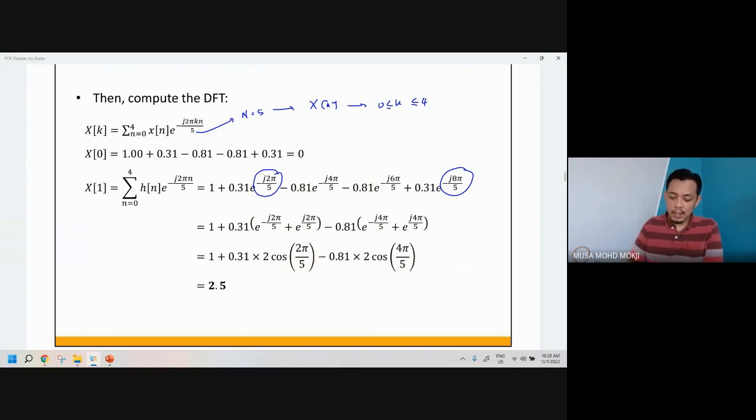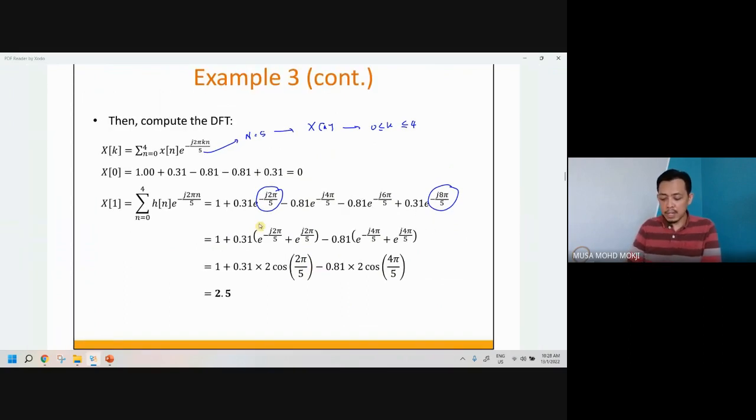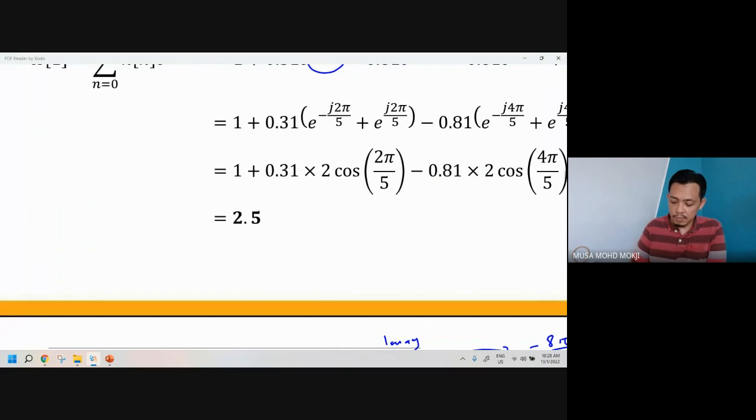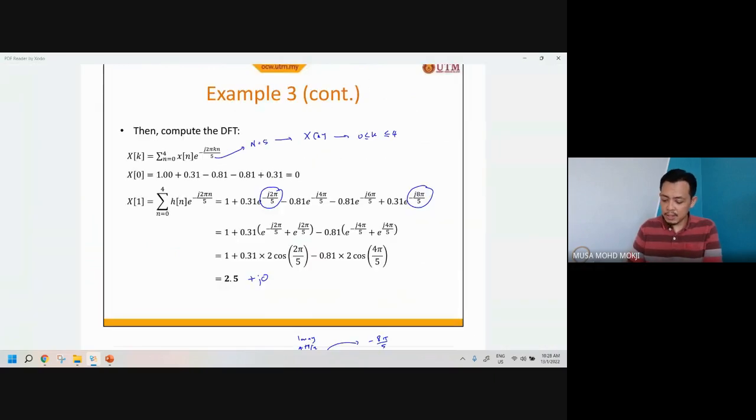Then after the calculation, you will get x1 equals 2.5, so this is actually 2.5 plus 0j. Because everything is supposed to be in complex value, it just happened that the imaginary value here is 0, which makes things easier.